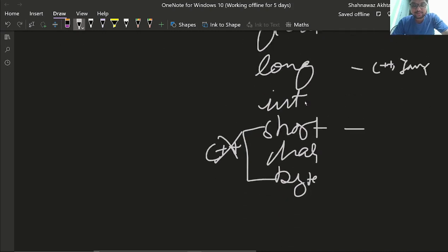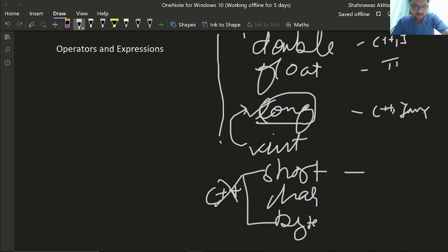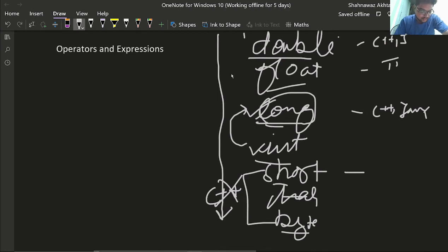When we have two terms, like one containing long and one int, then after the final expression is calculated, the final result will be converted into long type. That's why this is the hierarchy. So we start from double, then float, long, int, short, char, and byte. This is the small intro for the hierarchy. Please remember it as it is.